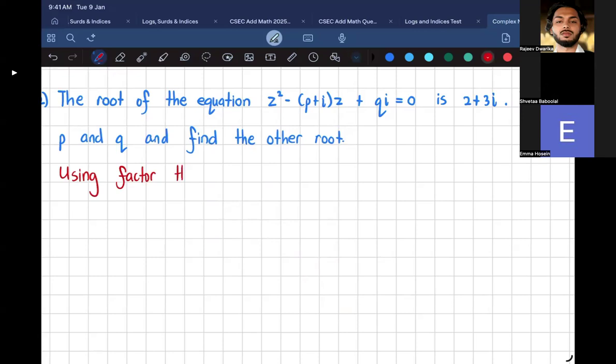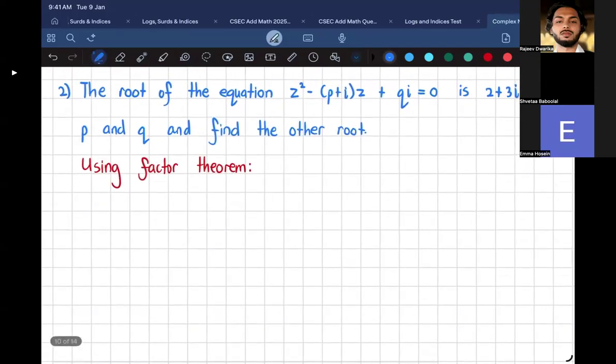So using the factor theorem, I like this approach. We're just going to plug 2 plus 3i into it, and it will have to be equal to 0. So it's going to be (2 plus 3i) squared minus (p plus i) times (2 plus 3i), plus qi, and that has to be equal to 0.